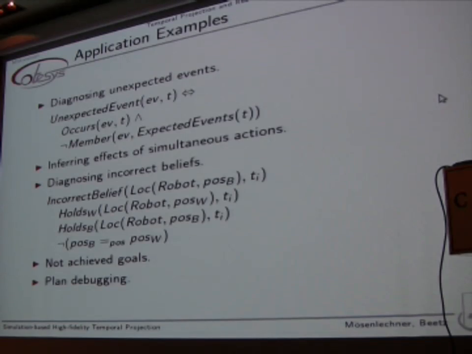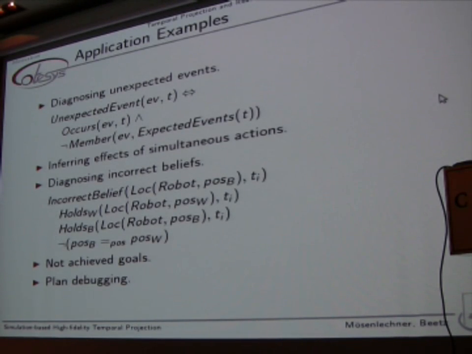The next thing is we can find out not achieved goals. So basically we can find out situations where the plan failed without the robot plan interpreter itself finding out this failure. So basically we can predict failures that happen and cannot be predicted by the robot itself.